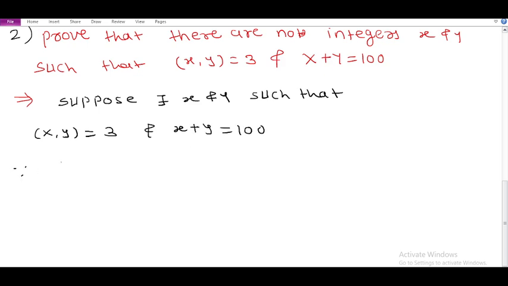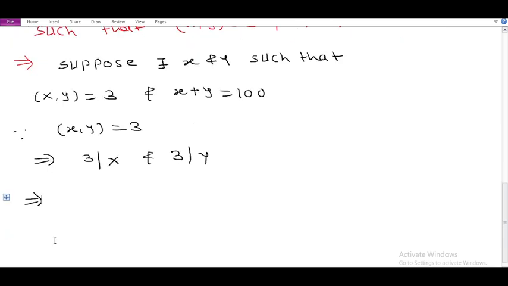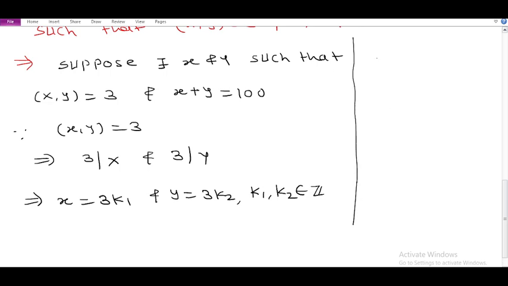But since GCD of x and y equals 3 implies 3 divides x and 3 divides y, this implies x is equal to 3 times k1 and y is equal to 3 times k2 for some integers k1, k2 belonging to Z. Now put these values in the equation x plus y equals 100.